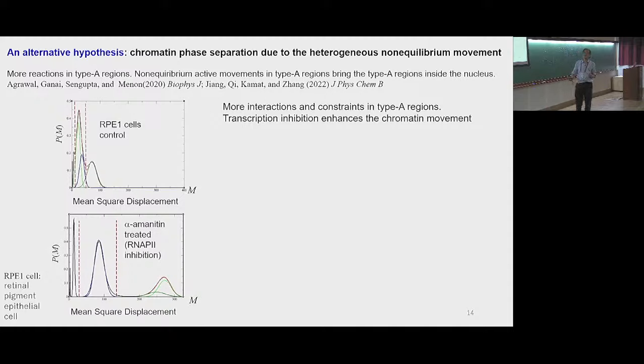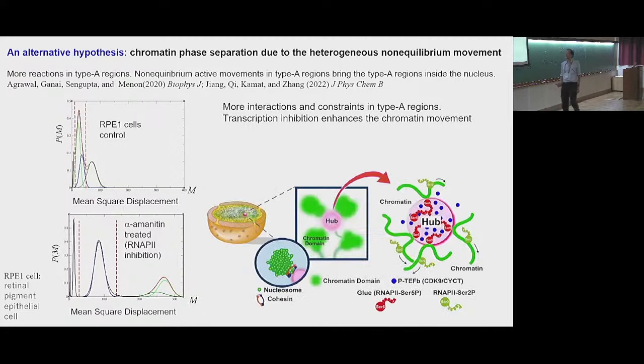This is rather different from this perspective. I mean, this is rather unexpected. By stopping the transcription, the movement is enhanced. So this is a hypothetical view. In a transcriptional complex, a complex of the enhancer and promoter, the mediator factors and RNA polymerase, this would form a liquid droplet-like complex.